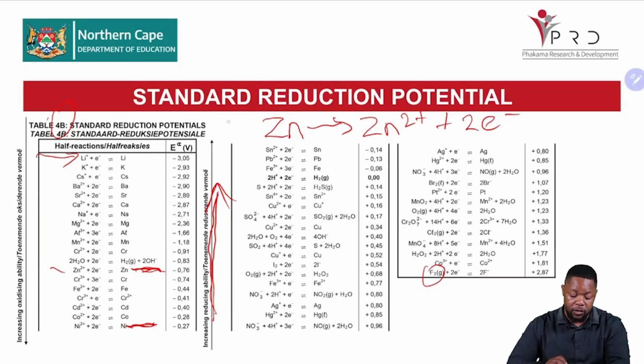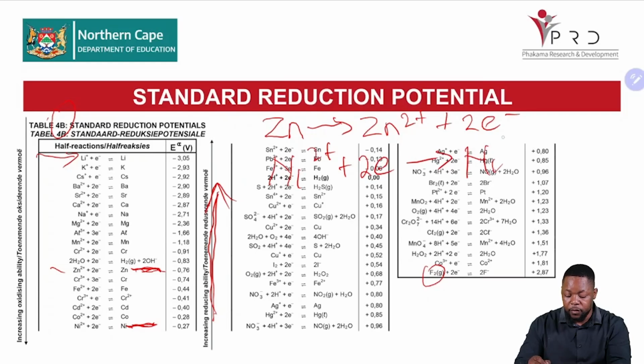From the arrow that points upwards, saying increasing reducing ability, meaning that the substance at the top has a greater reducing ability than the substance at the bottom. Therefore, zinc undergoes oxidation and nickel undergoes reduction, and its half reaction is written as it is from the table with the one arrow. So we are able to tell which substance undergoes reduction and which undergoes oxidation from reading the table.